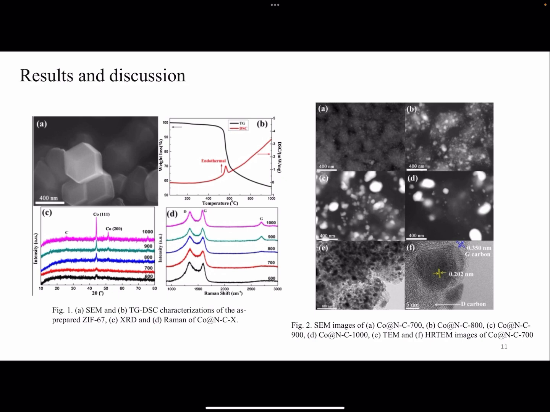To get a closer look, we perform HRTEM in image F. We can clearly identify the crystal lattice of the cobalt particles with a spacing of 0.202 nanometers, confirming the metallic cobalt (111) phase.